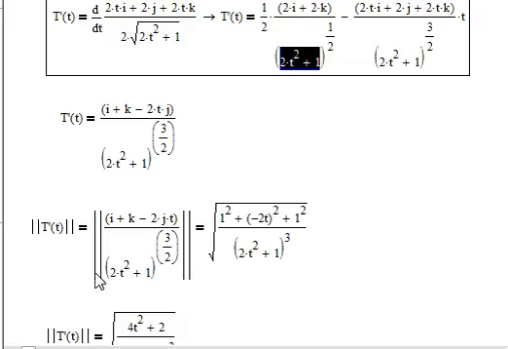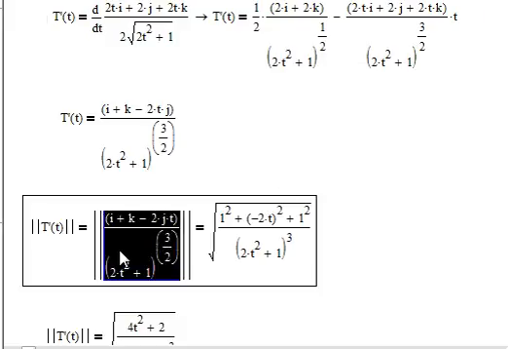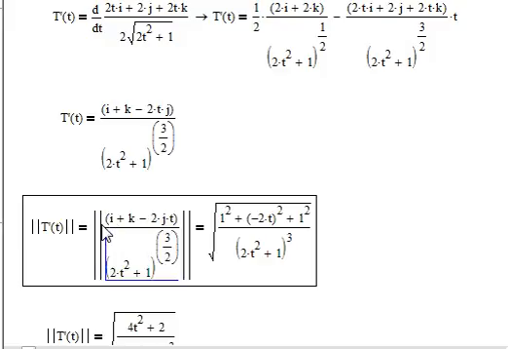So, the length of our T prime of t is the length of this vector, which is the square root of each of the component functions divided by this squared, right?